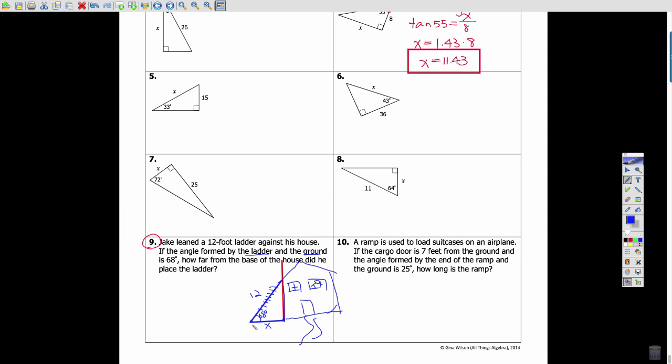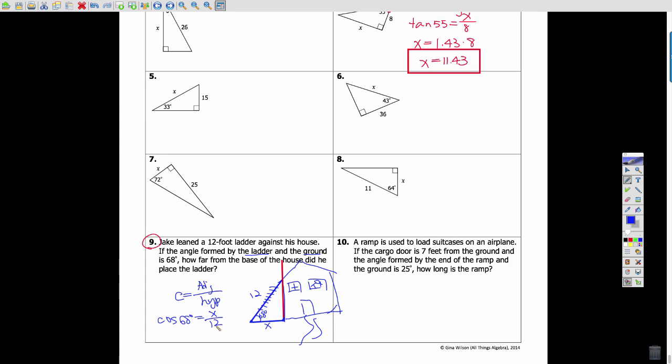So let's see. I have an angle here. The adjacent leg is given. The hypotenuse is given. So adjacent divided by hypotenuse, that's CAH, right? SOH-CAH-TOA. So cosine of 68 degrees should equal adjacent, which is x, divided by 12.